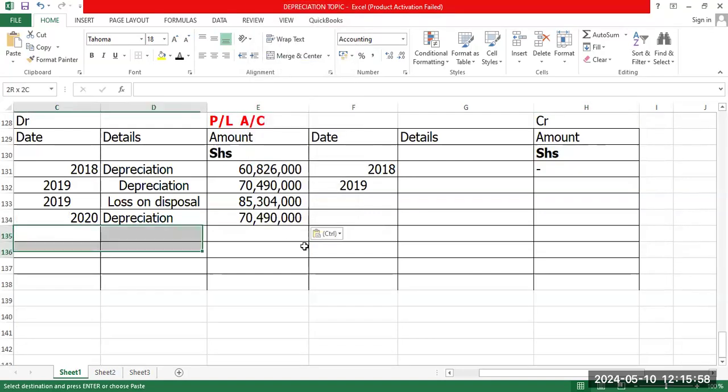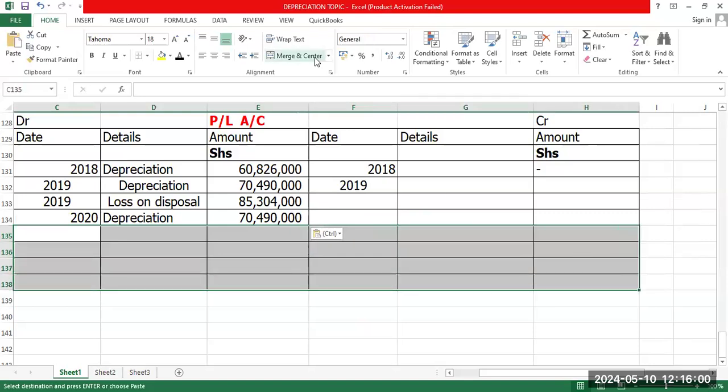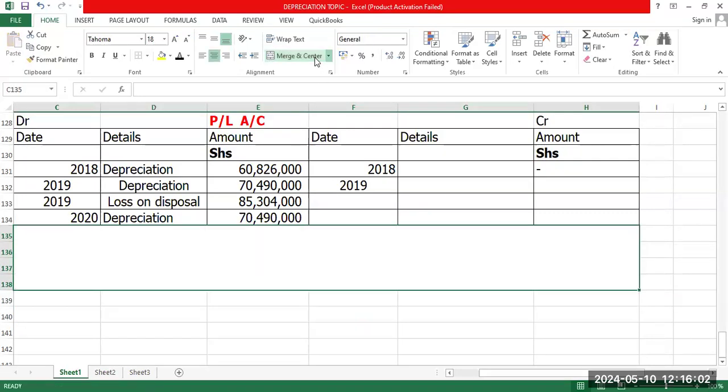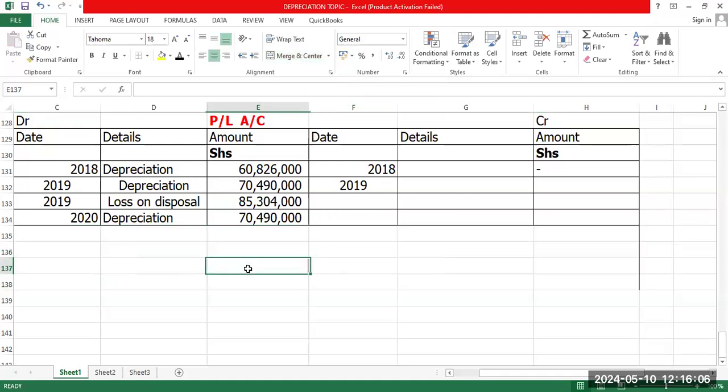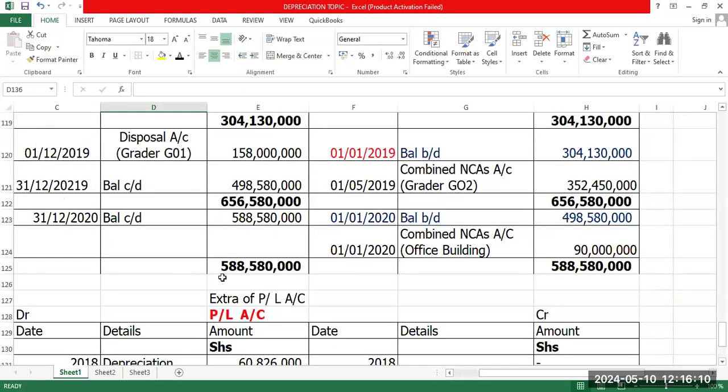So colleagues, that's all about the extract, unless there is a question.